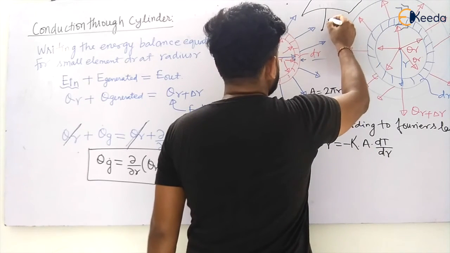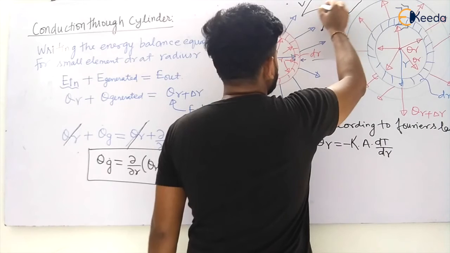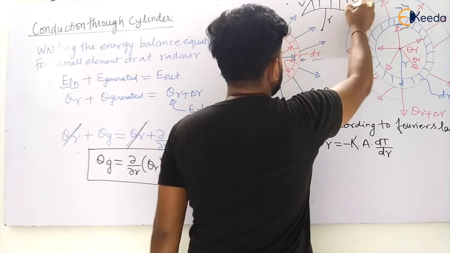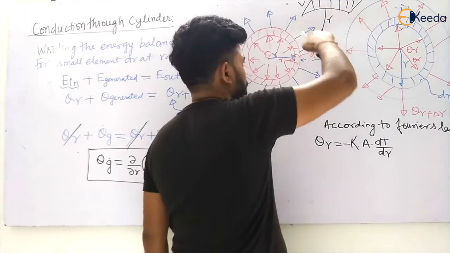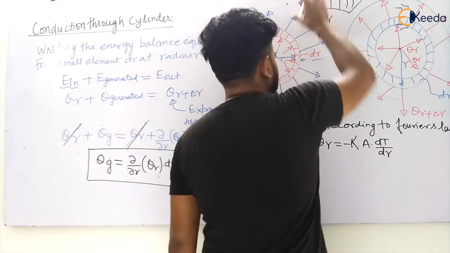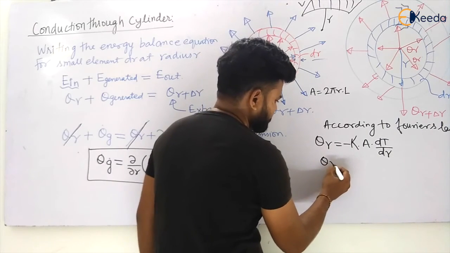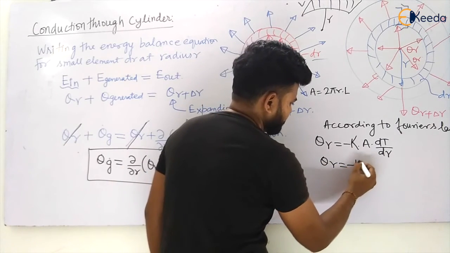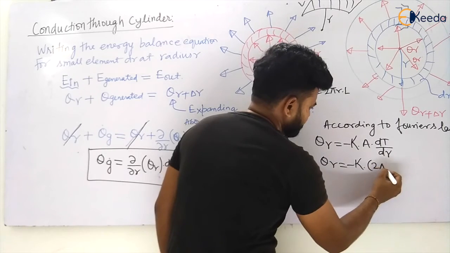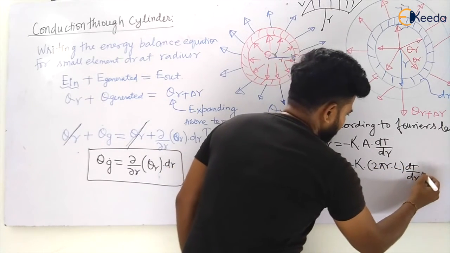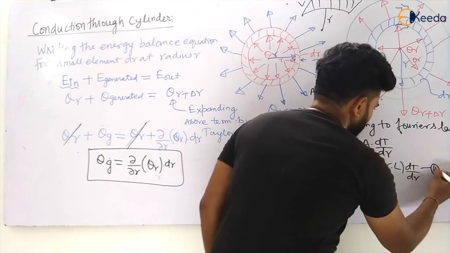If this is r and this is L, this area will be your curved surface area, and this will be given by the perimeter 2 pi r multiplied by L. So can I write here? Yes, Qr will become equal to minus k into 2 pi r L into dT by dr. Okay, my dear students, let us take it as equation number 2.